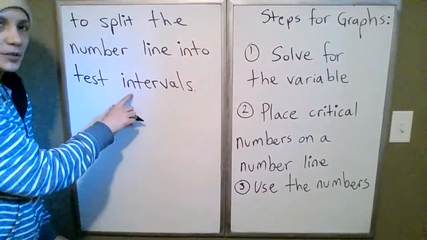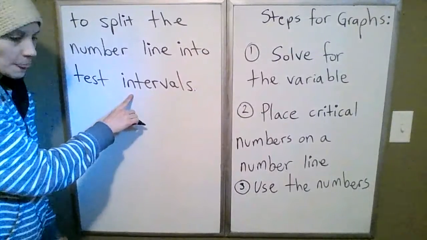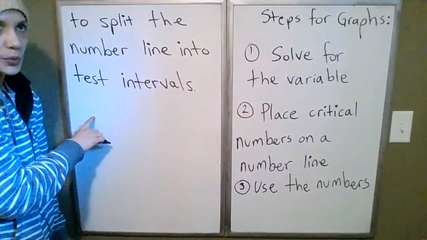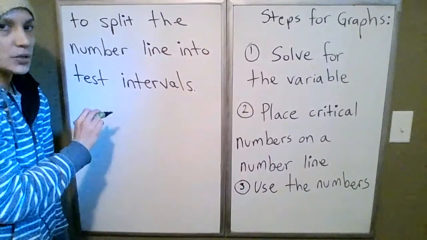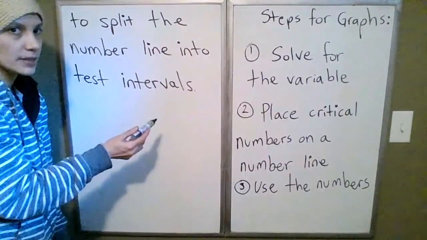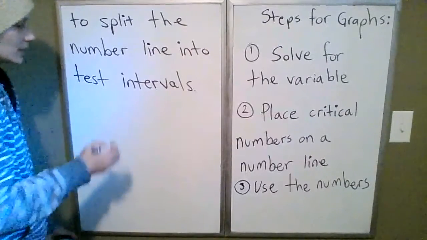And then from each interval, you test a point. When you test a point and you get true, you found a solution and you shade over that solution and all of the numbers around it. So you found part of your solution section.